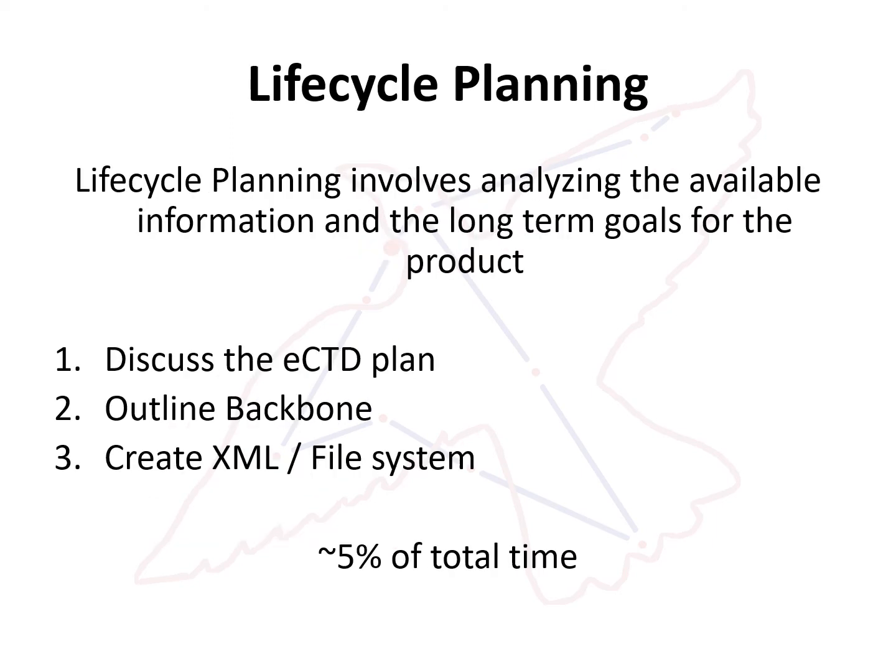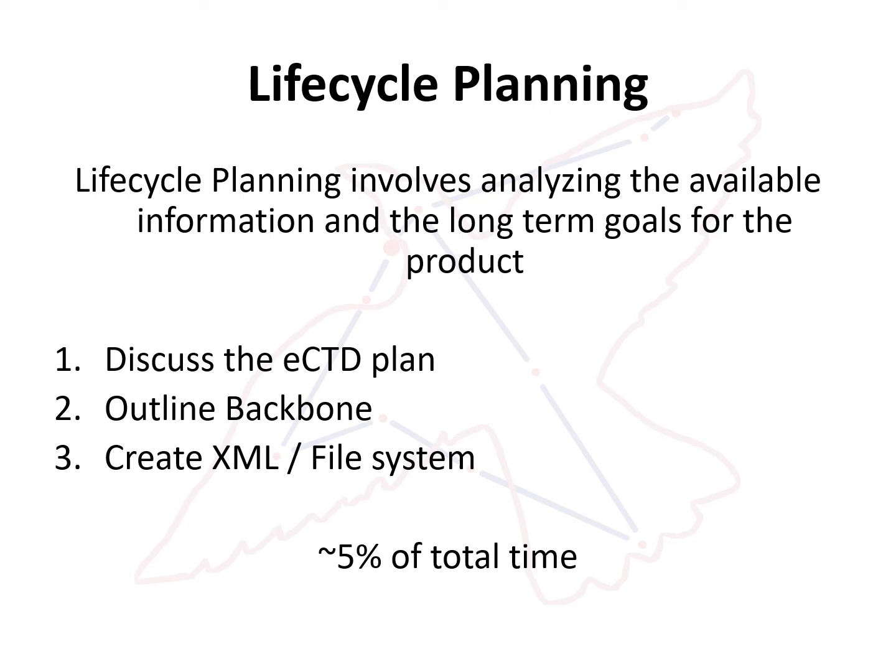Life cycle planning takes approximately 5% of the total time. In this process, you are first determining the eCTD plan. This means the documents you intend to create, the content you need, any study reports, any stability studies, validation.